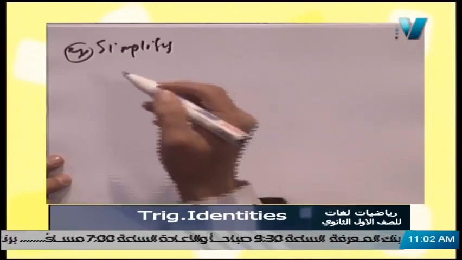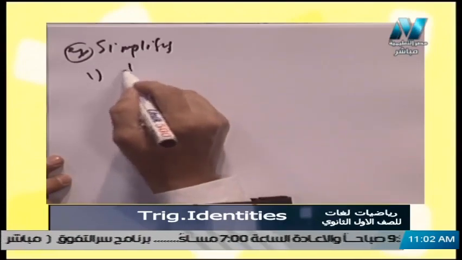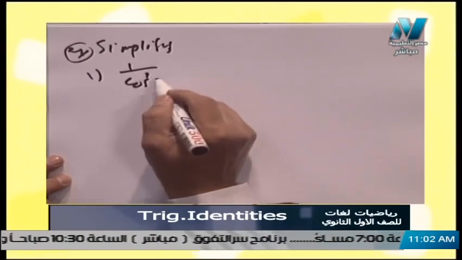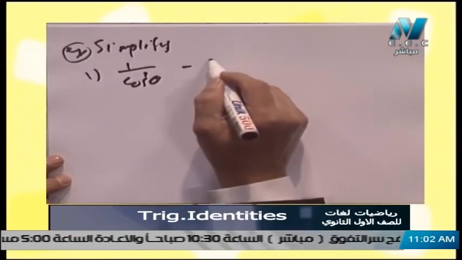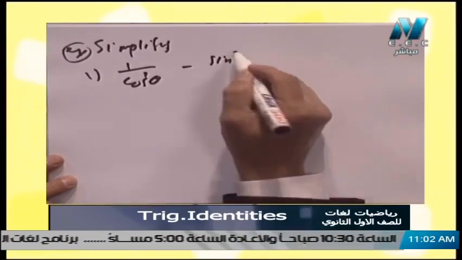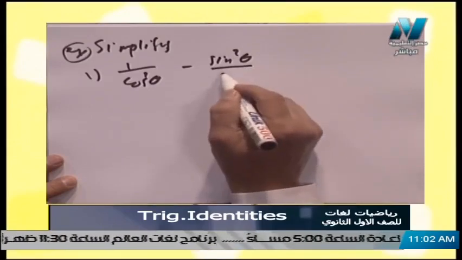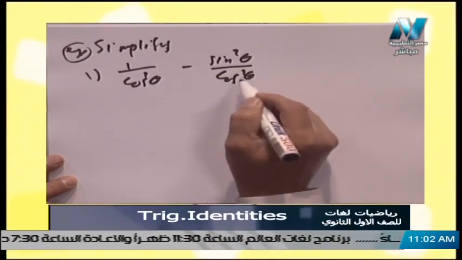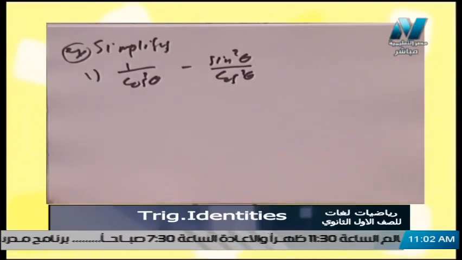Trig quantities. We have number 1: 1 over cosine power 2 theta minus sine power 2 theta over cosine power 2 theta.